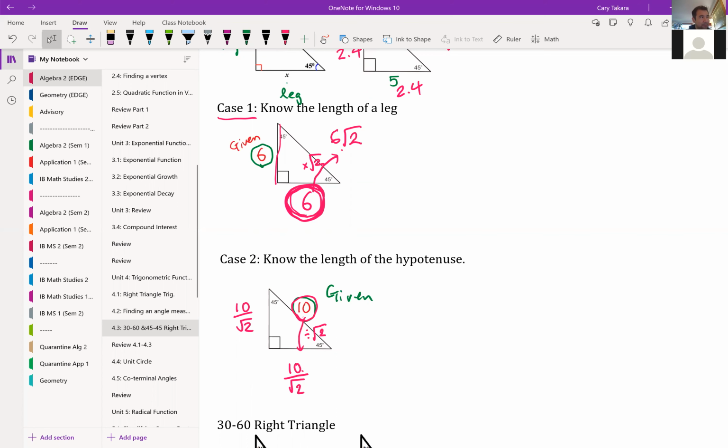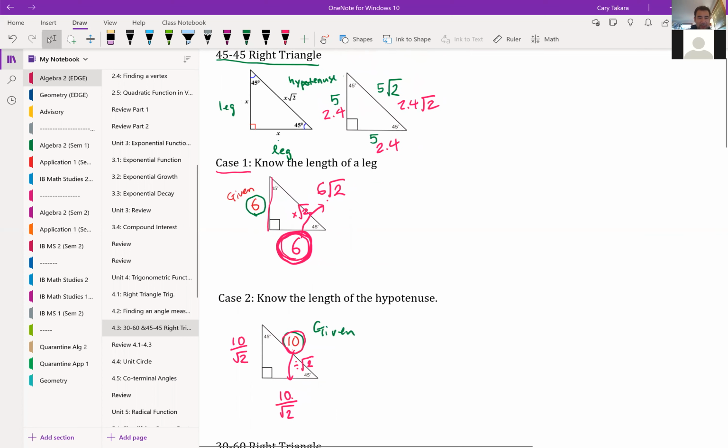Please write this down. Does anybody need more time all the way up to this point so far? So that's the two cases, two types of problems, okay?